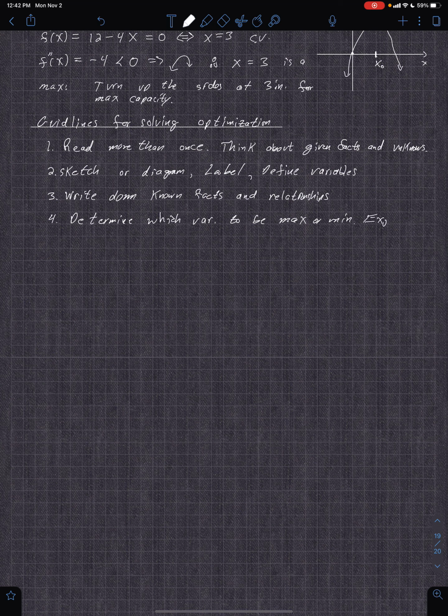You use the relationships between the variables above to say it's just a function of, say, x or maybe h of t or something like that. That's your next step.